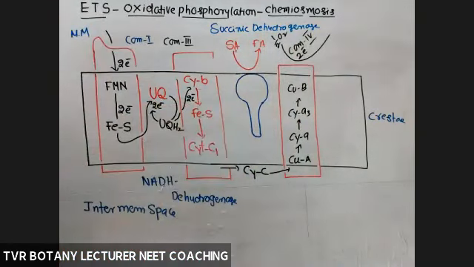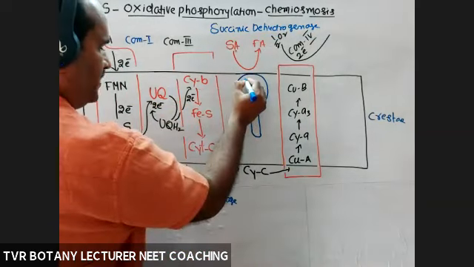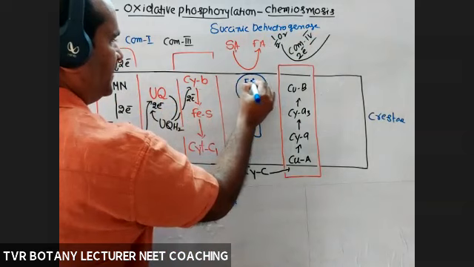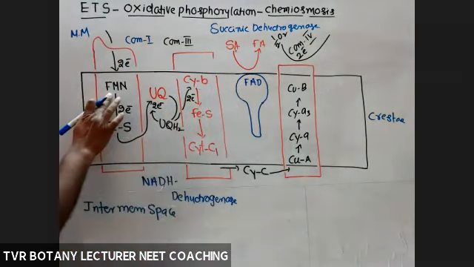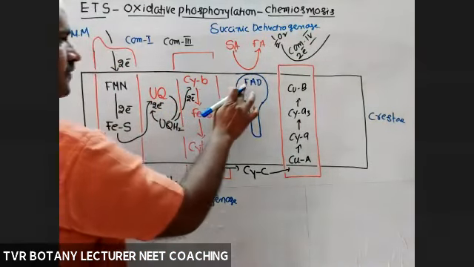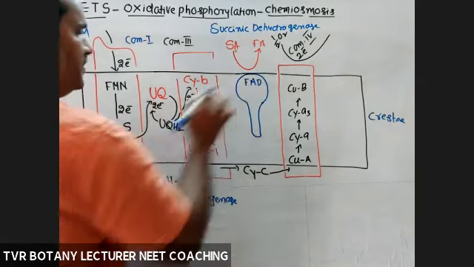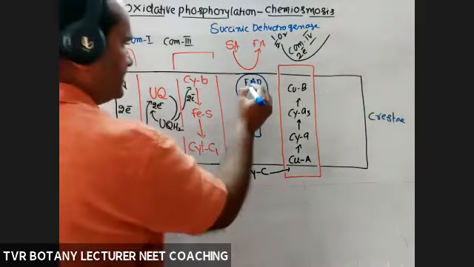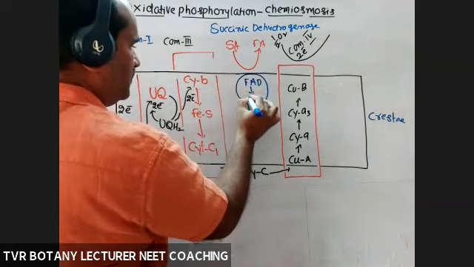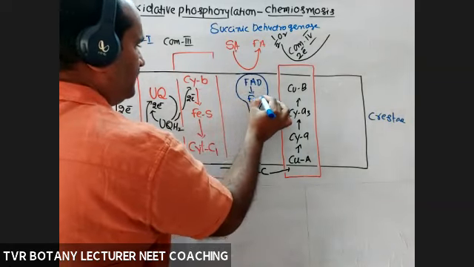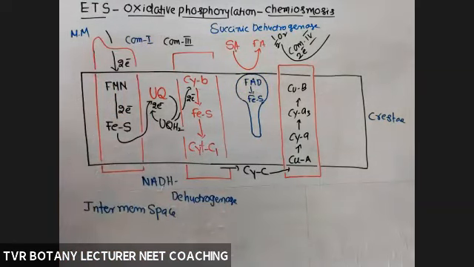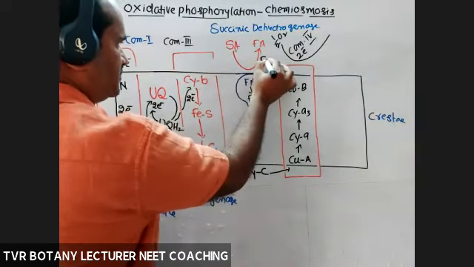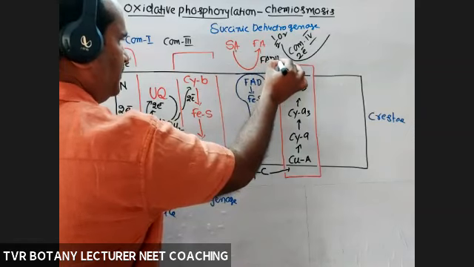Here the prosthetic group is FAD: flavin adenine dinucleotide. Okay, right? Next, iron sulfur centers, FeS. What about the flow of electrons? Here FADH2 is produced; I will use it separately, don't worry.